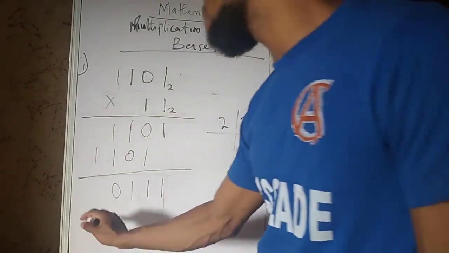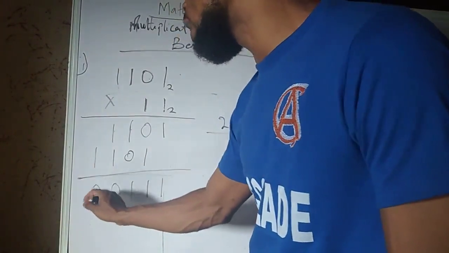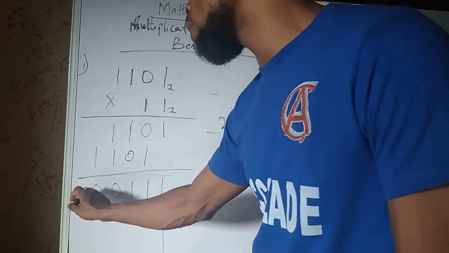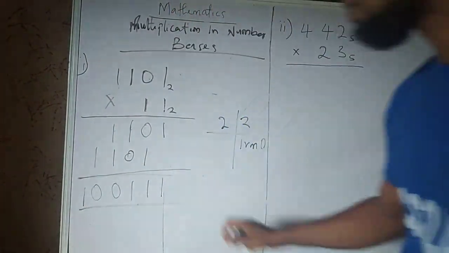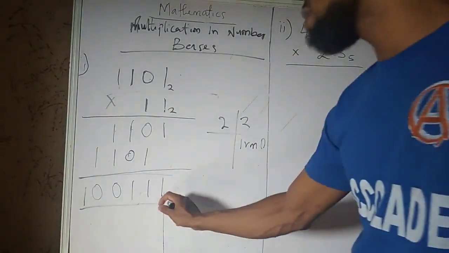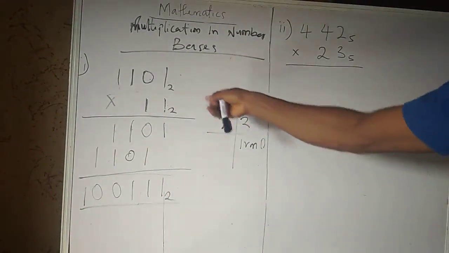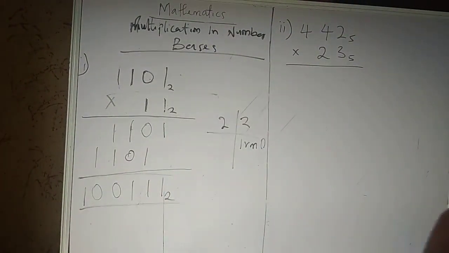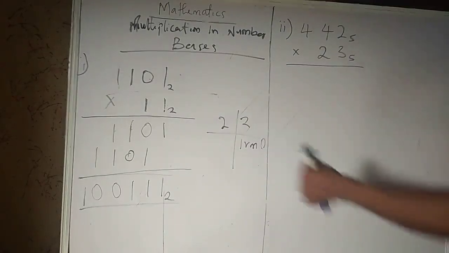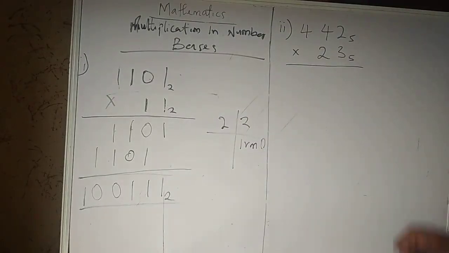So we have 1 remainder 0, which is the 0 here, and then we write the last 1. That's exactly how to do multiplication in base 2. Whatever digits you're given, this is the procedure.